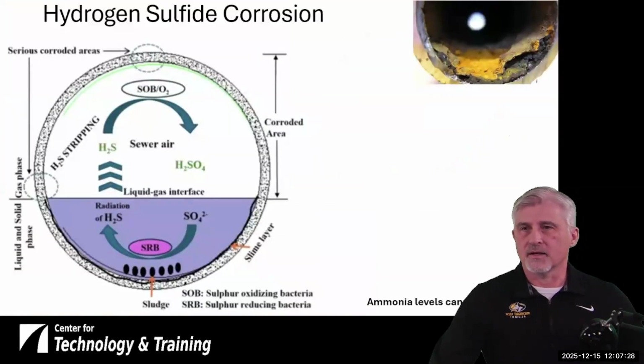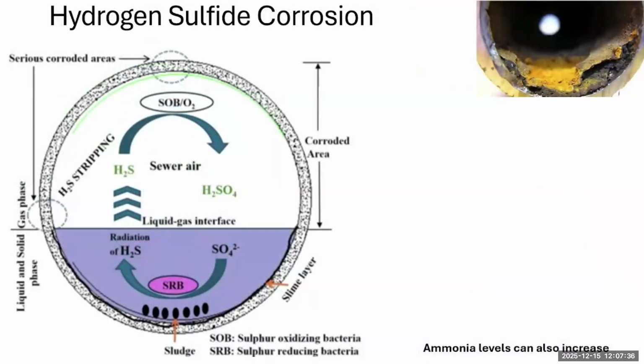Here's a slide that covers hydrogen sulfide corrosion. It's not super important what we're talking about here; it's more or less the concept, the idea that things can happen out in our collection system. If we have debris that settles out, it can create an anaerobic environment.